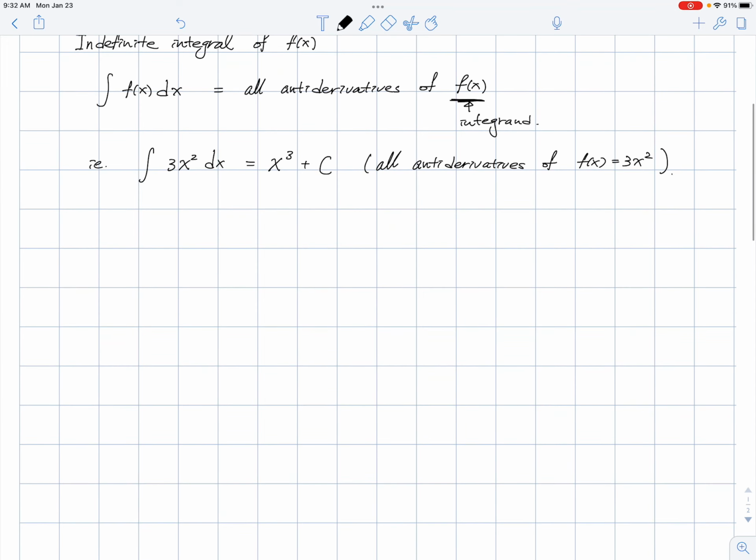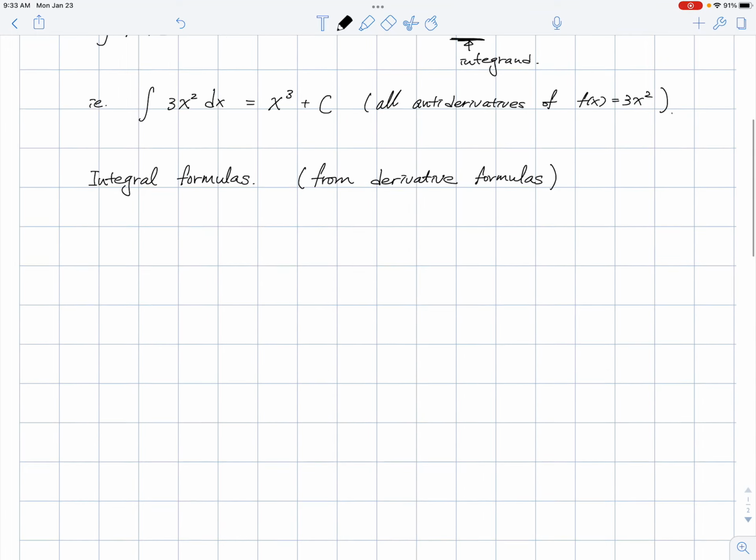All right. So with that being said, we can then come up with a bunch of integral formulas. When I say a bunch, it's really not that much. It's about 6. And they're coming from derivative formulas. So basically, you know all the derivative formulas, and now you write the reverse formulas and you call them integral formulas.